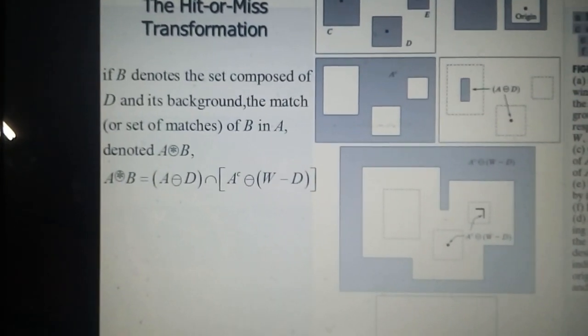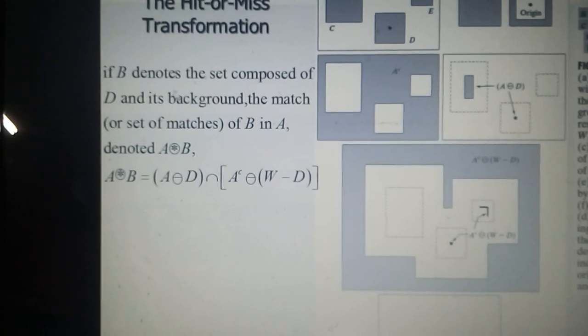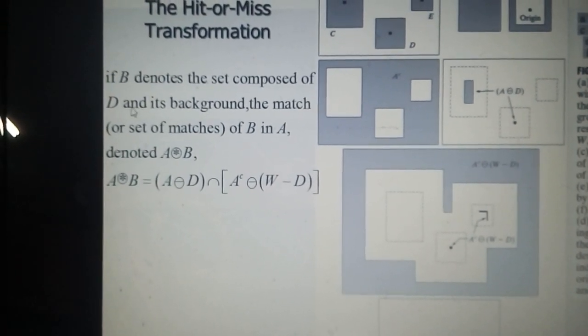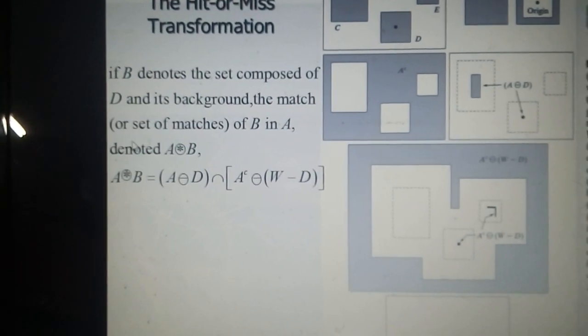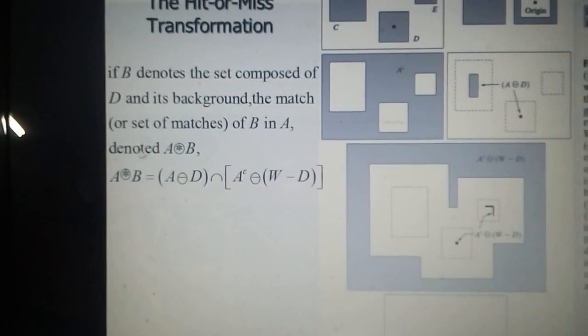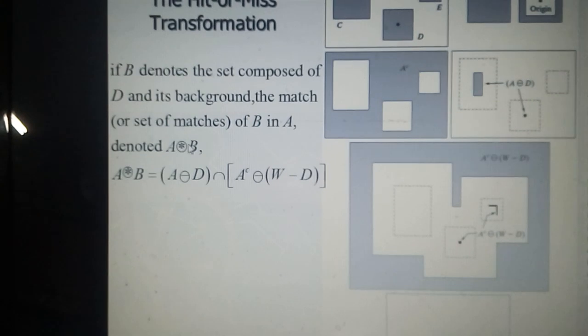Let us formulate this mathematically. If B denotes the set composed of D and its background, the match or set of matches of B in A is denoted by the symbol.